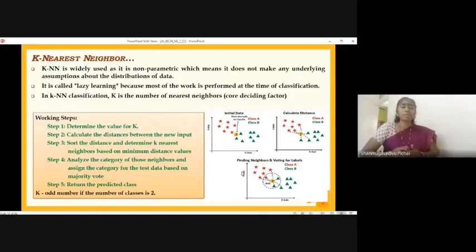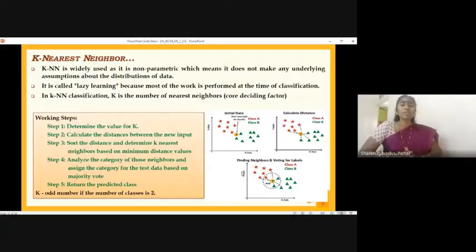I'll come again. KNN is widely used as it is non-parametric in nature, which means it does not make any underlying assumptions about the distribution of data. It doesn't bother about what kind of data is there, what the associations among the data are, what trend has been set by the data, or how one data point depends on another. It doesn't bother about any such thing.